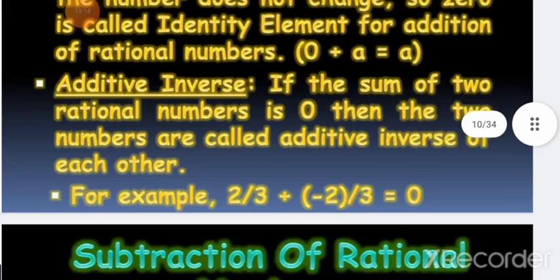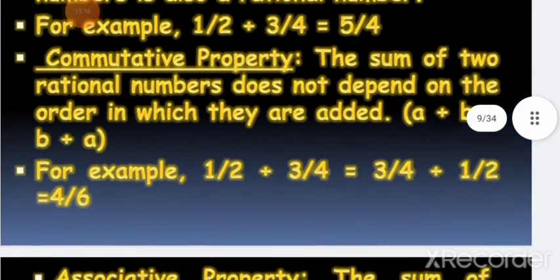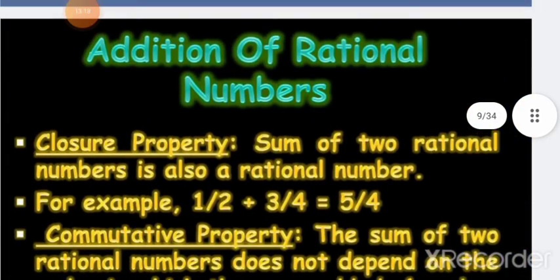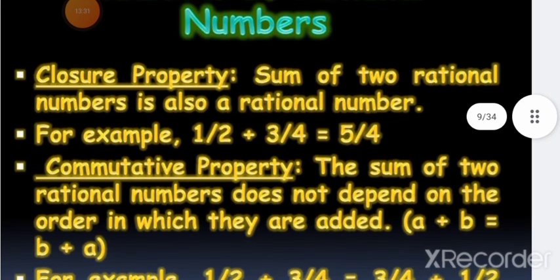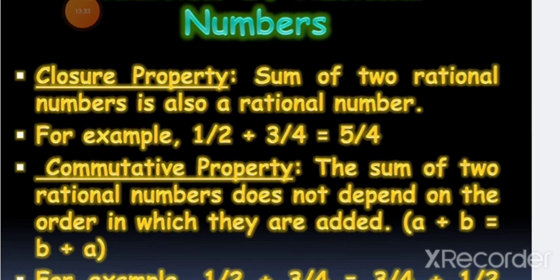I hope all the students understand the properties of addition of rational numbers, and the definition of a rational number was also discussed. Zero is an important point: zero is a rational number because it is in the format p by q, where p and q are both integers and q does not equal 0.